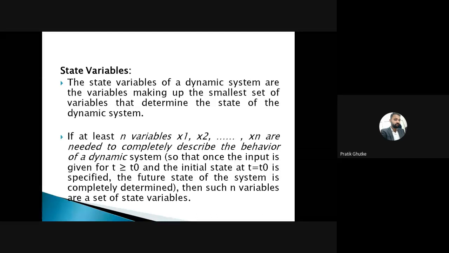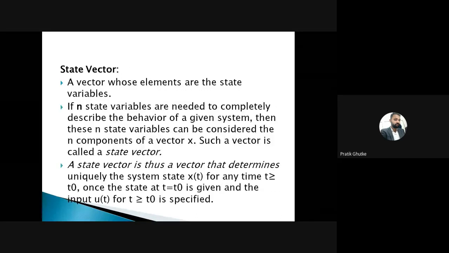So now moving forward, what is actually the state vector? State variable, and then state vector. A vector whose elements are the state variables. Yes, a vector whose elements are the state variables.